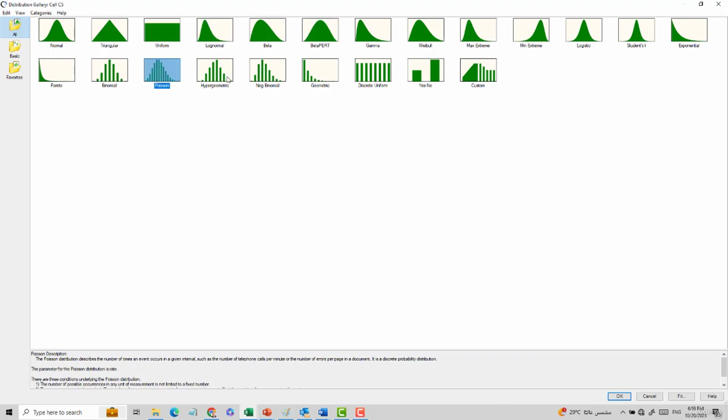Here the number should be a mass, so it should be 1, 2, 3 and so on, like a card or the number when you play a game from 1 to 6. What is the probability that number 2 or number 3 will occur? It will be 1 or 2 or 3. It cannot be 1.5 or 2.5.